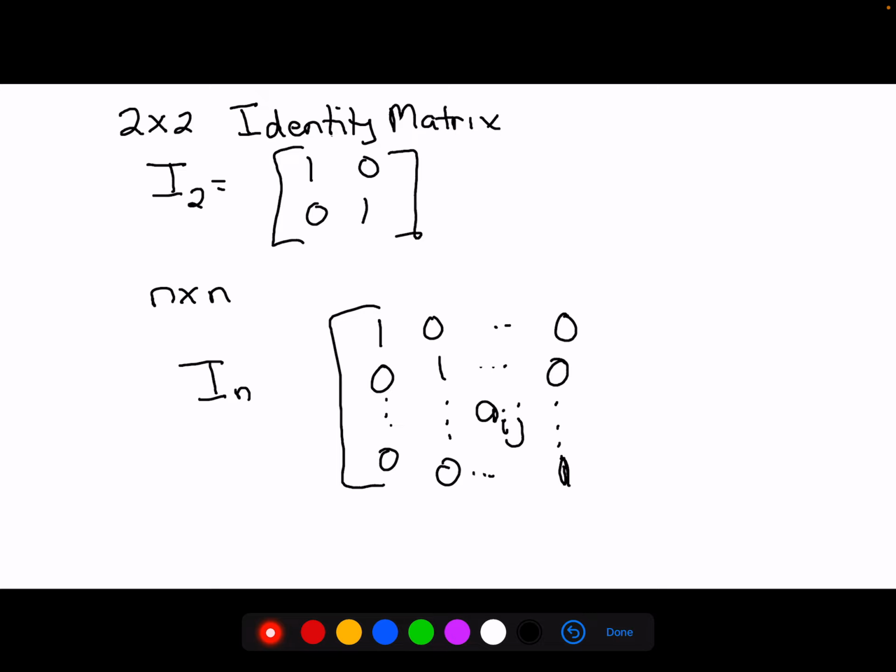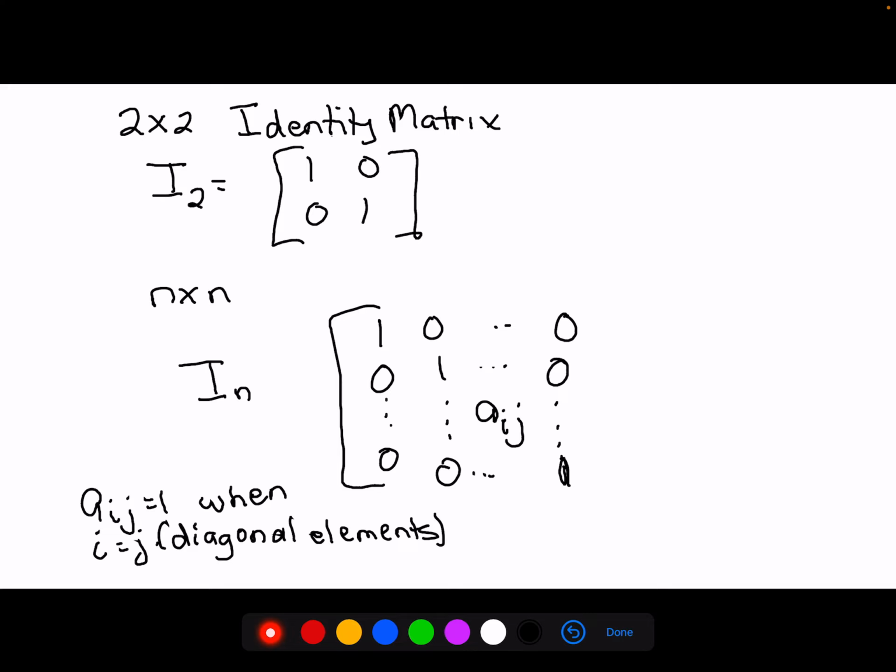That main diagonal is going to have 1s, and everything else will be 0s. So a sub ij is 1 when i equals j, so that's the diagonal elements, and a sub ij is 0 otherwise.